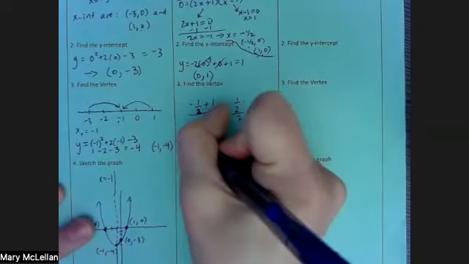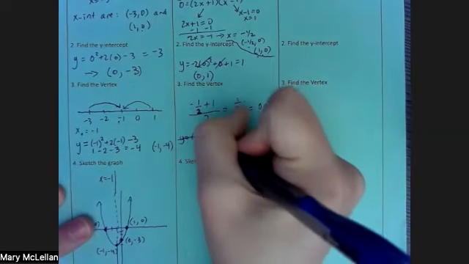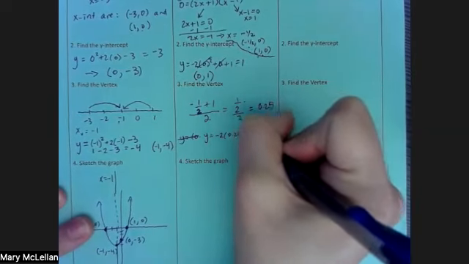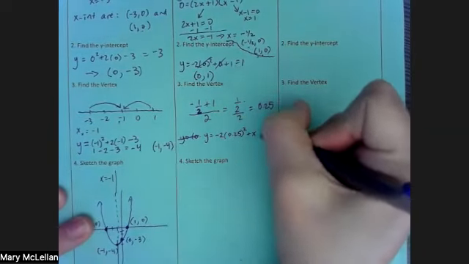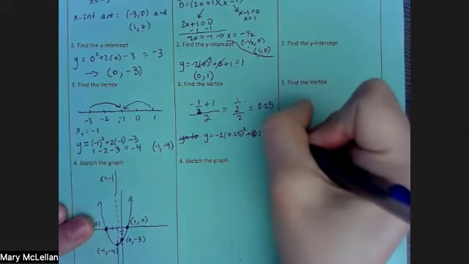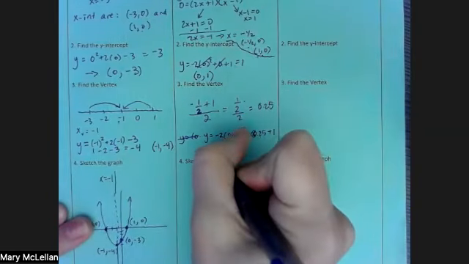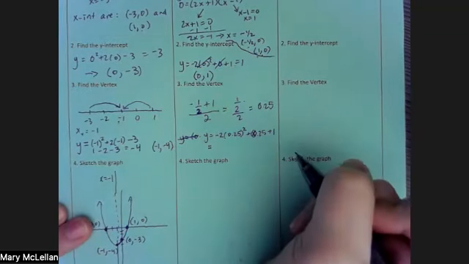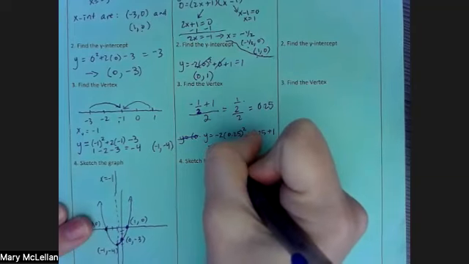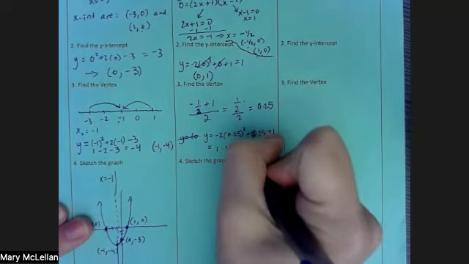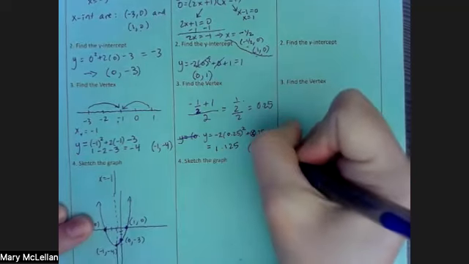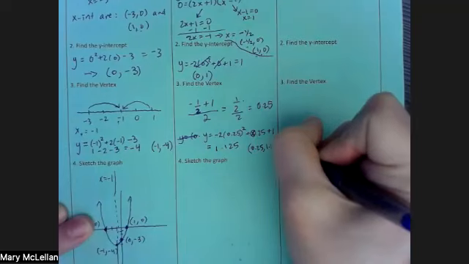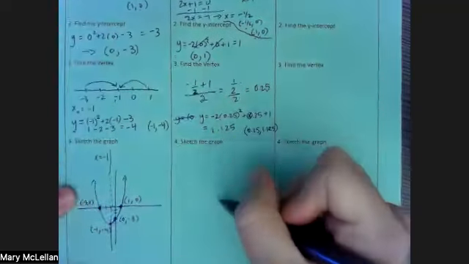Y equals -2 times 0.25 squared plus 0.25 plus 1. I throw that in my calculator and I get 1.125. So my vertex is at (0.25, 1.125). Okay, now I can sketch.